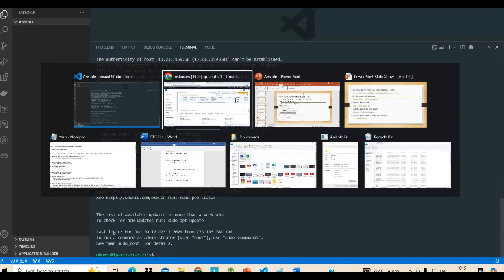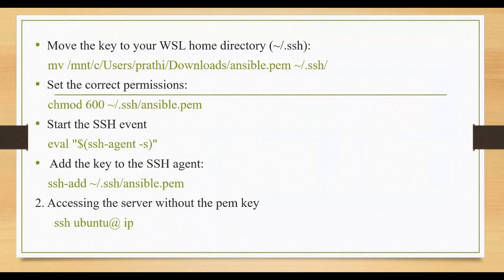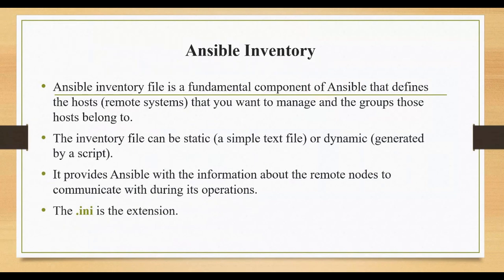Then move to Ansible inventory. The Ansible inventory file is a fundamental component of Ansible that defines the hosts, the remote systems that you want to manage, and the groups those hosts belong to. The inventory file can be static or dynamic. Static means it's a simple text file.